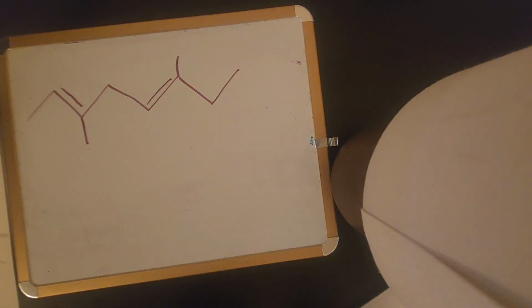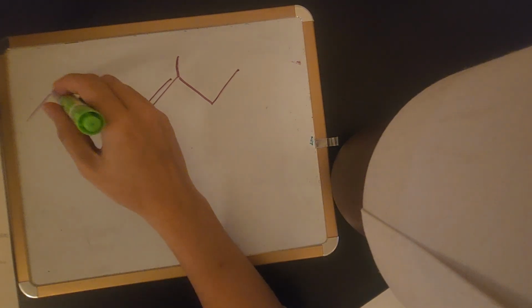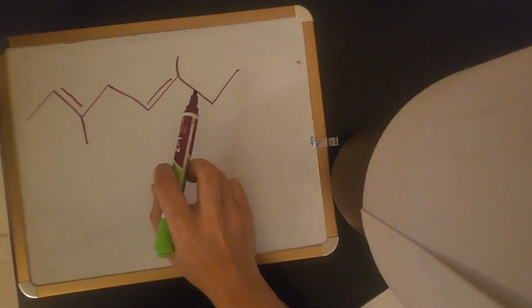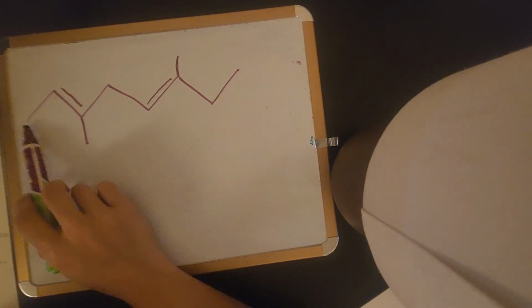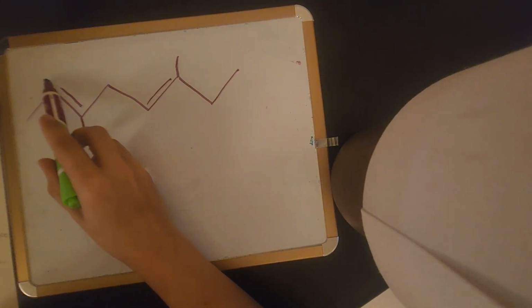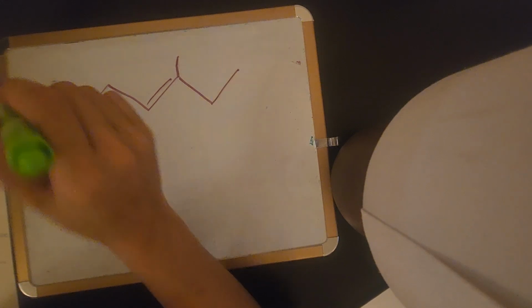Let's try to name this molecule. Because we know that it has a double bond, we're going to try to number it from the place where we're going to get the least number. Here, if we start at 1, our lesser number for the double bond is going to be 2.